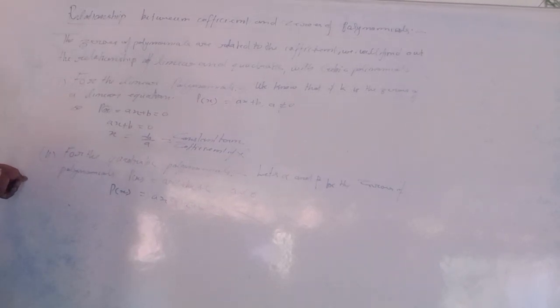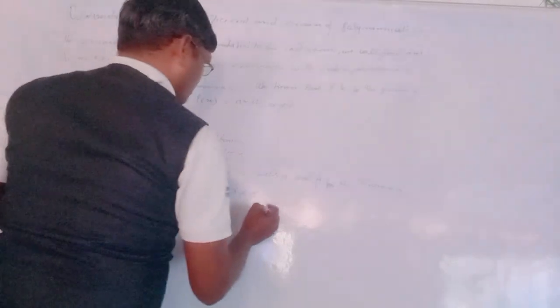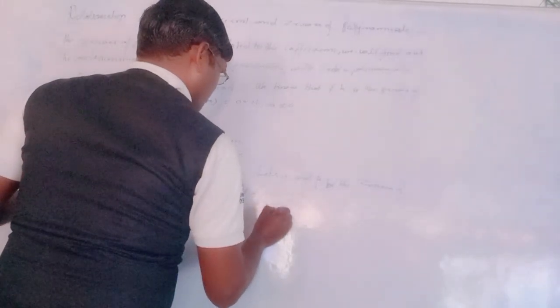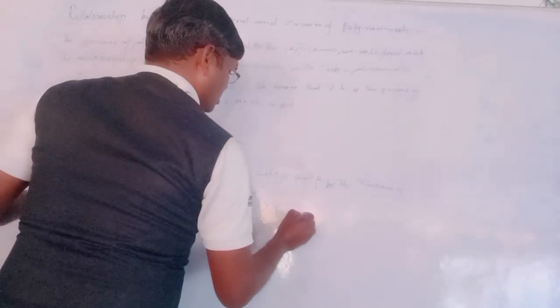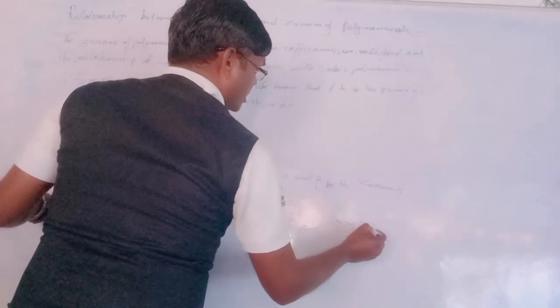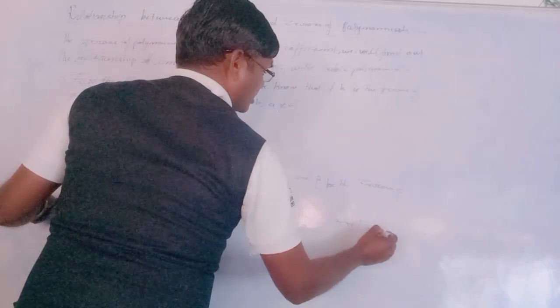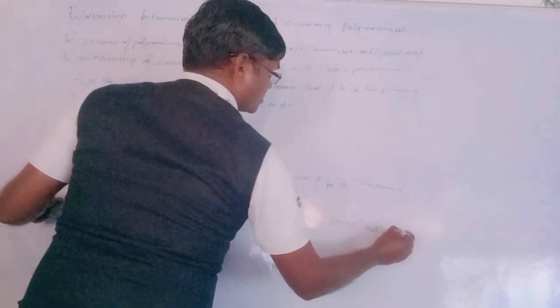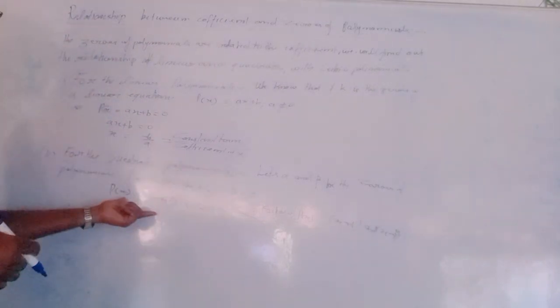Then alpha and beta are both factors of px. The factors of px are x minus alpha and x minus beta. Got it?